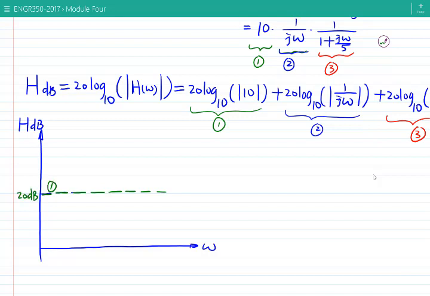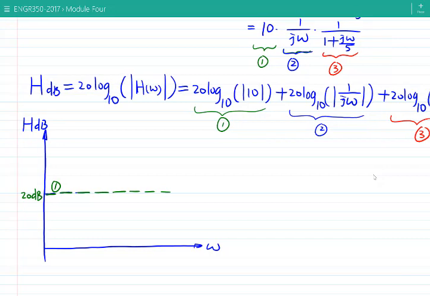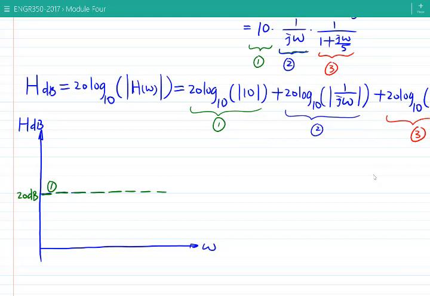For factor number 2, it is a pole at the origin. A pole at the origin is a straight line with a slope of minus 20 dB per decade. The straight line will cross the frequency axis when frequency omega is equal to 1.